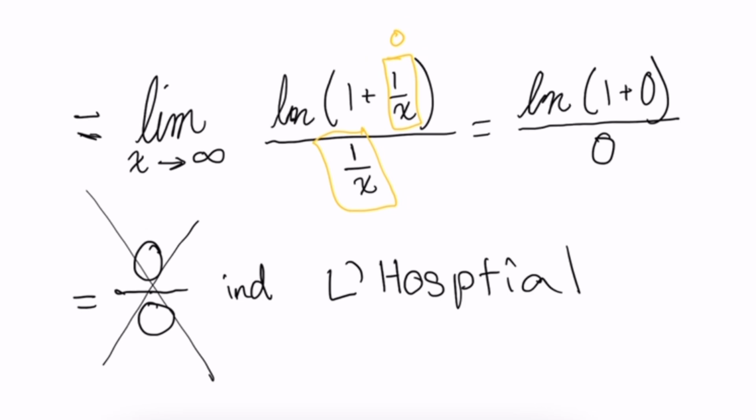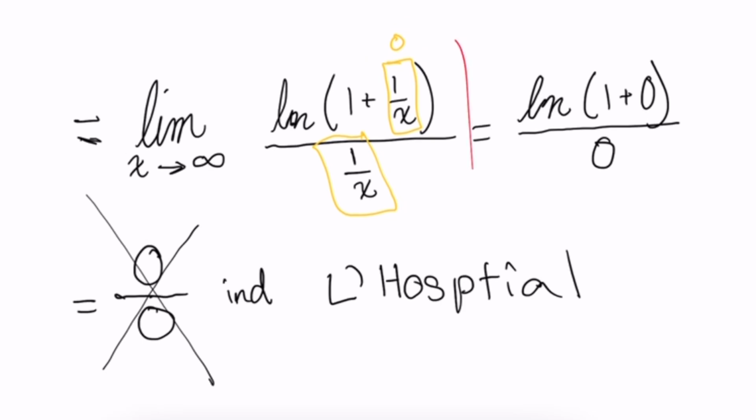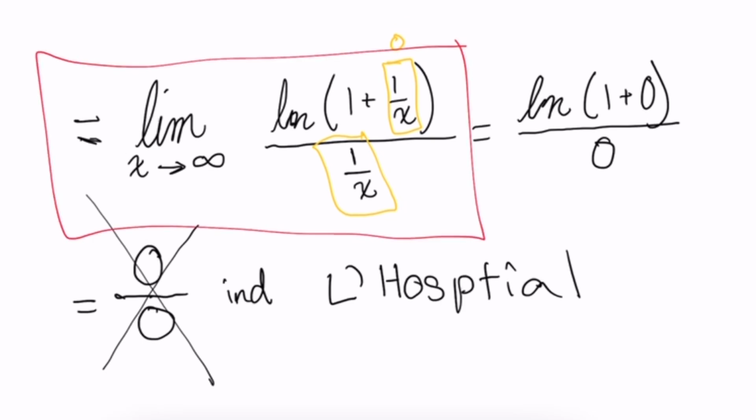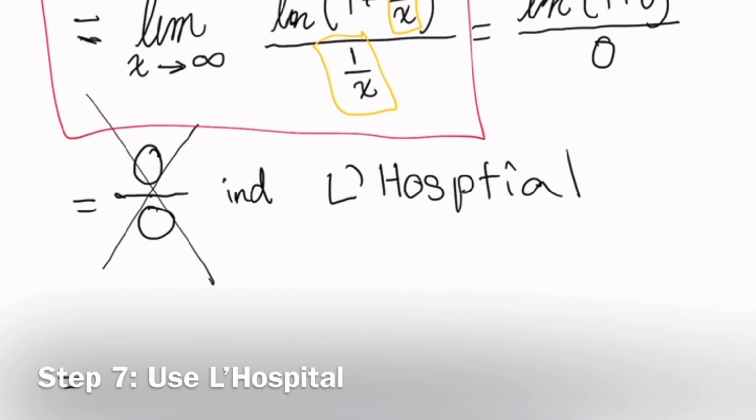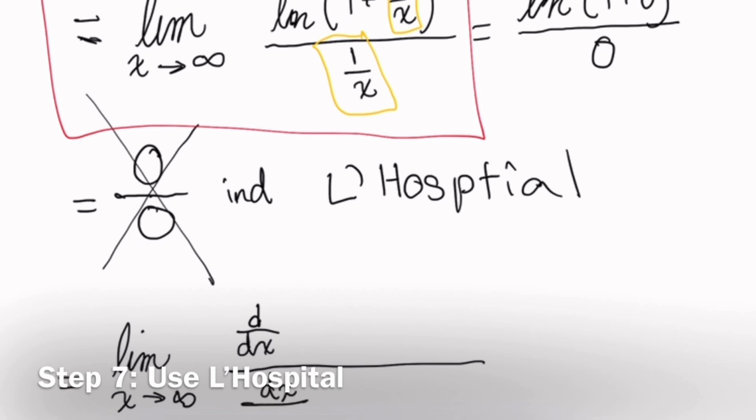So we need to refer back to this part to use L'Hopital. L'Hopital means you need to differentiate the numerator and the denominator with respect to x. This involves some calculus, so if you don't know calculus, I'm sorry.